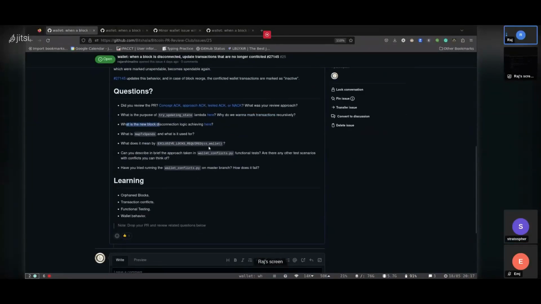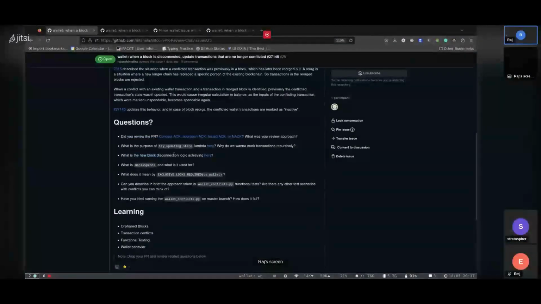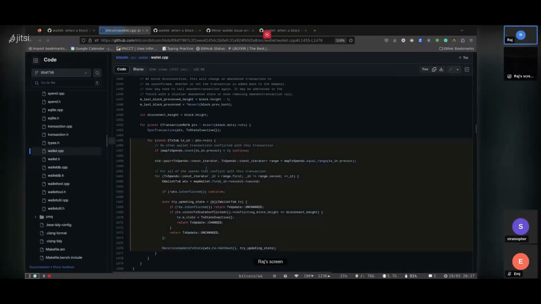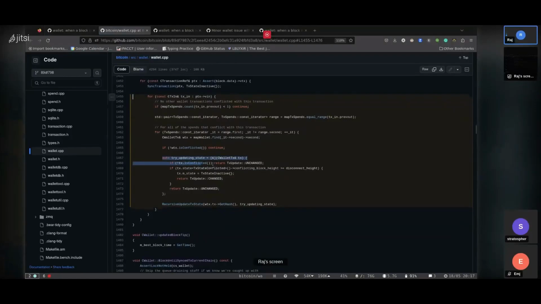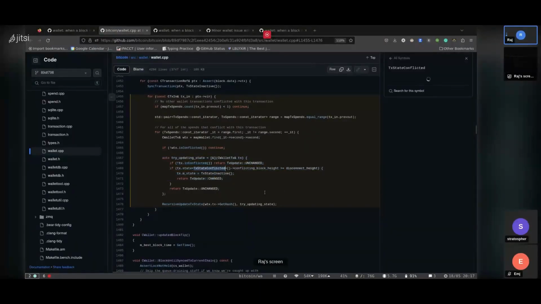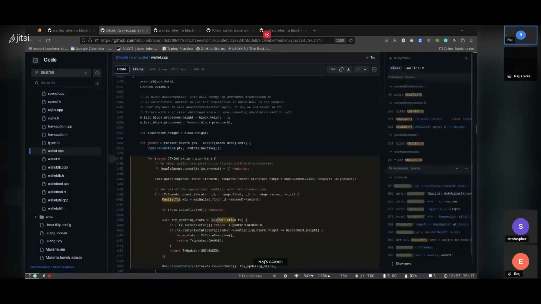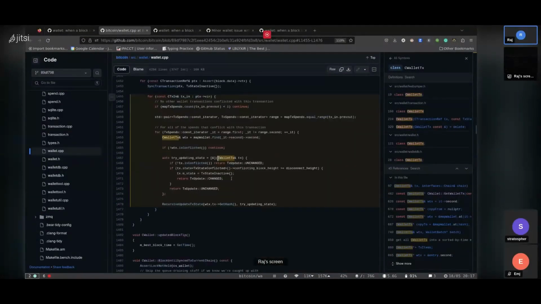The third question was also something that we discussed. What is the block disconnection logic achieving here, which is this part of the code that we just saw? It makes the transaction state conflicted when a block gets disconnected. We check all the transactions inside that block, and whether any of our wallet transactions was conflicting with them.